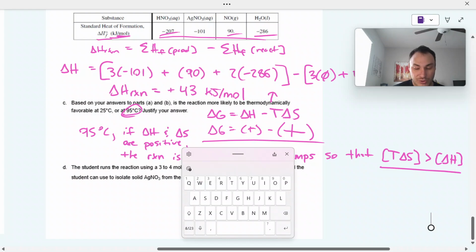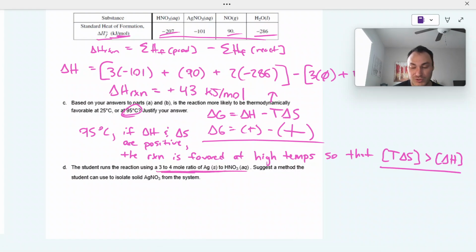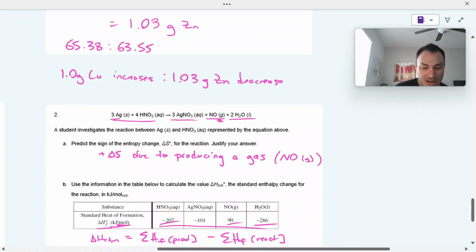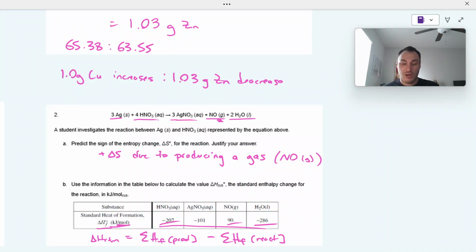If we use a 3 to 4 mole ratio of silver to nitric acid, notice that that's just our ratio in the balanced reaction. What that means is we are using the perfect amount of both things so we don't end up with any limiting reactant or any excess reactant. We're just going to react to completion.